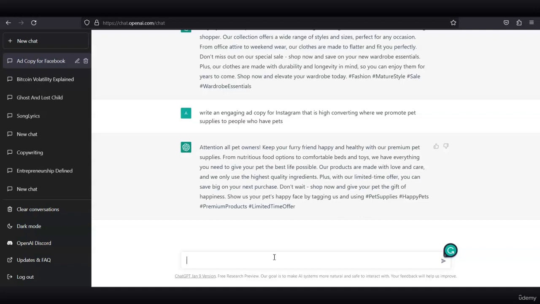They want an ad copy for Instagram, and they want it to be high converting. So ChatGPT wrote this engaging ad copy for Instagram for pet supplies, and this is only for people that have pets, of course. It starts with "Attention all pet owners," and it ends with an invitation to check our offer. Show us your pet's happy face by tagging us and so on.